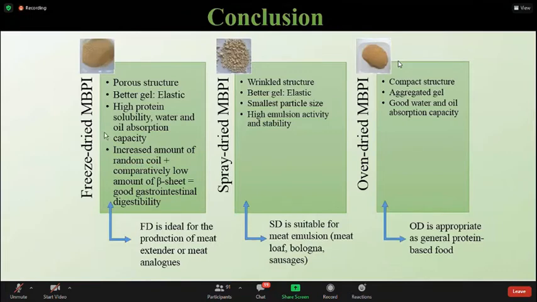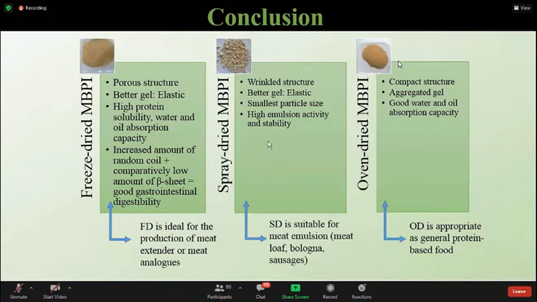After freeze drying, we notice there's an increased amount of random coil and comparatively low amount of beta sheet. This is good for gastrointestinal digestibility, meaning that this will increase digestibility and the bioavailability of the product. So looking at these parameters coupled with techno-functional properties, freeze drying is ideal for the production of meat extender or meat analog.